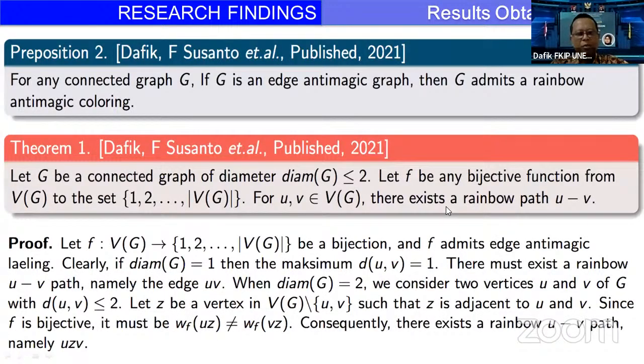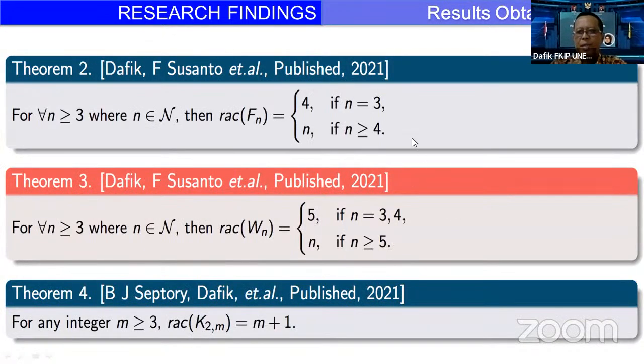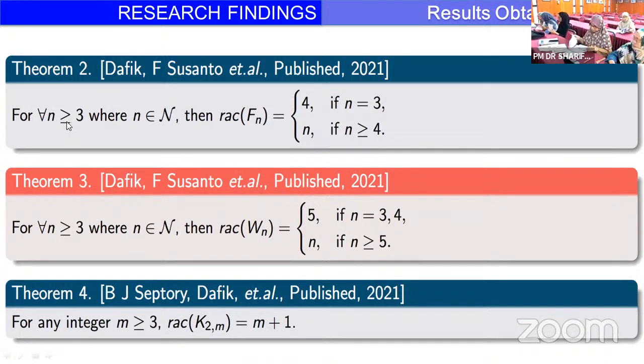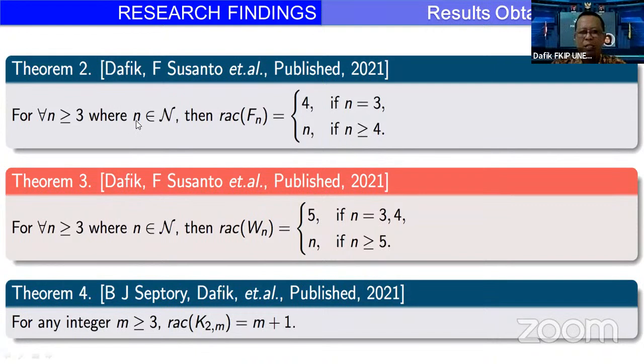Yeah, we have a lower bound. So if we have that lower bound, then exactly I can say here the theorem. For n greater than or equal to 3, the RAC of a fan of order n is 4 if n equals 3 and n if n is greater than or equal to 4. So there is a piecewise condition.